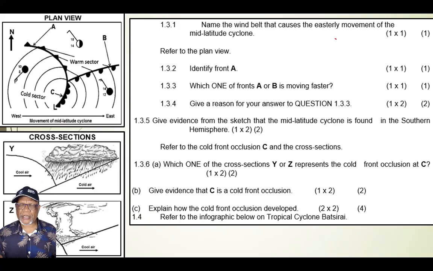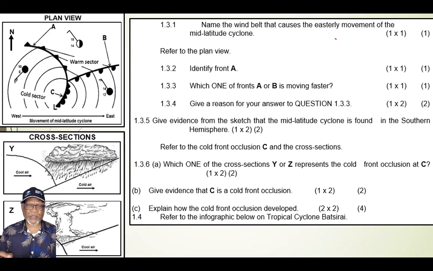So the correct answer there will be the westerlies. With the tropical westerlies, you can just say westerlies and you are correct, because we've got only one set of westerlies in the atmosphere. But with the easterlies, you have to specify whether it's polar easterlies or tropical easterlies.